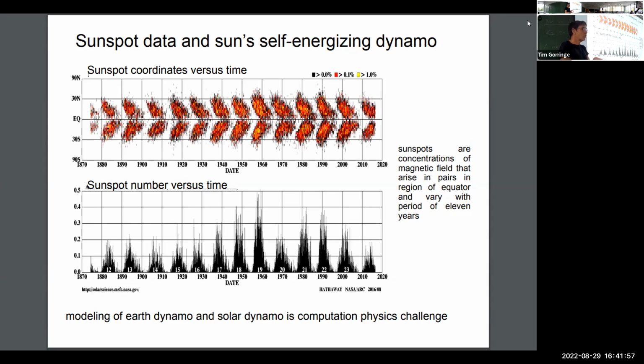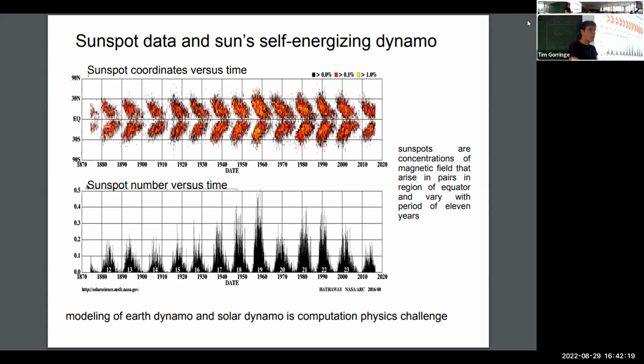And also we know that the Earth's magnetic field has flipped roughly every 500,000 years over the history of the Earth. And the only way to understand that is the dynamics of the electromagnetic processes involved and the hydrodynamics of the Earth's core.